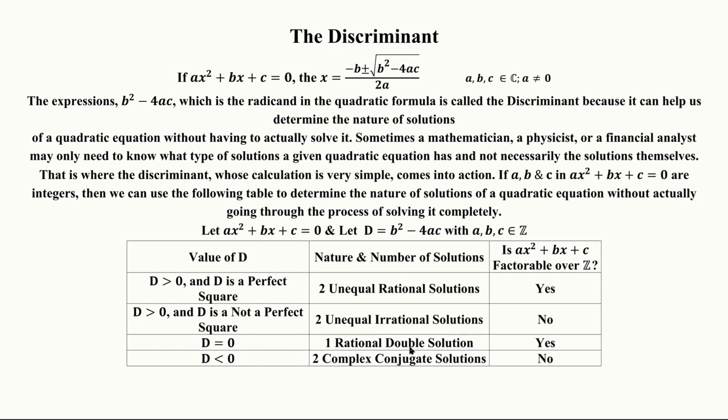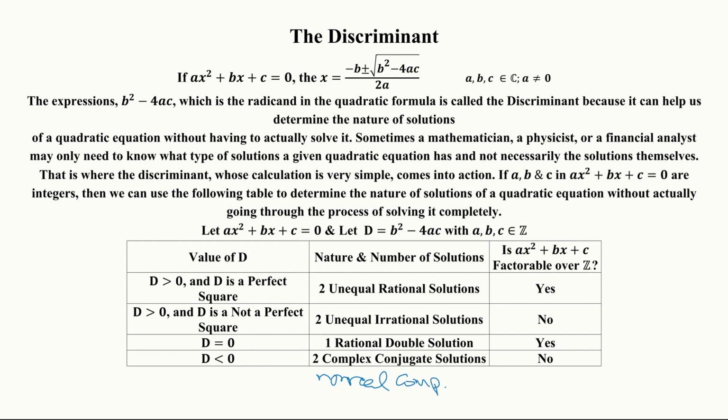It's the same solution occurring twice. And if d is negative, that means we're going to have a square root of a negative number, which is going to end up giving us two complex conjugate solutions. In fact, they're not just complex, but non-real complex conjugate solutions, okay?